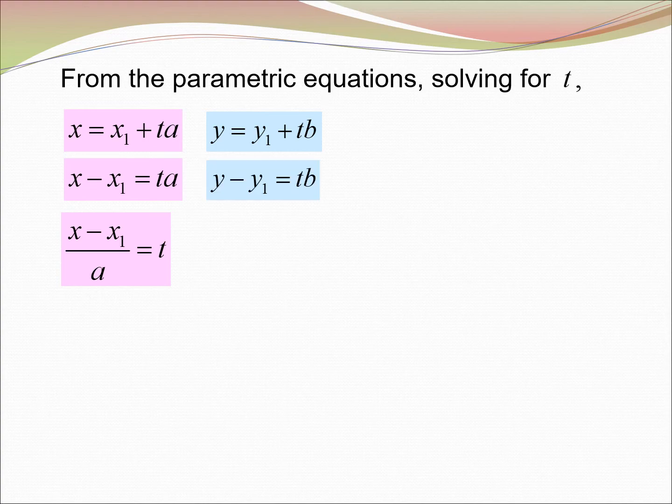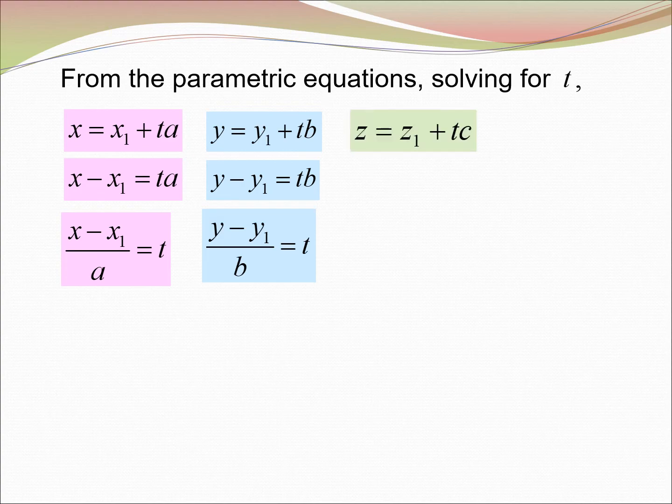Then y minus y1 is equal to tb, or t is equal to y minus y1 over b. Same with z: z is equal to z1 plus tc, then z minus z1 is equal to tc, or t is equal to z minus z1 over c.